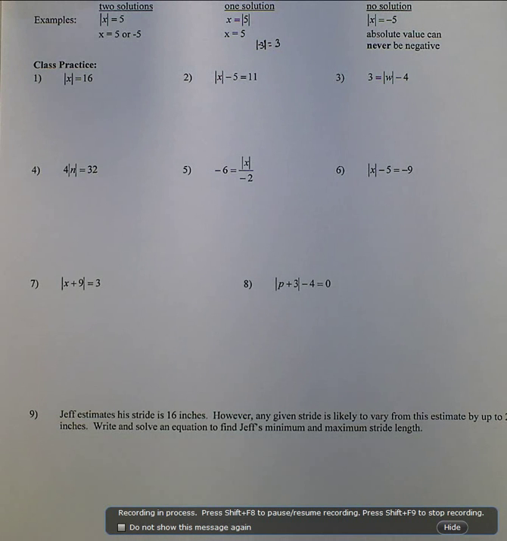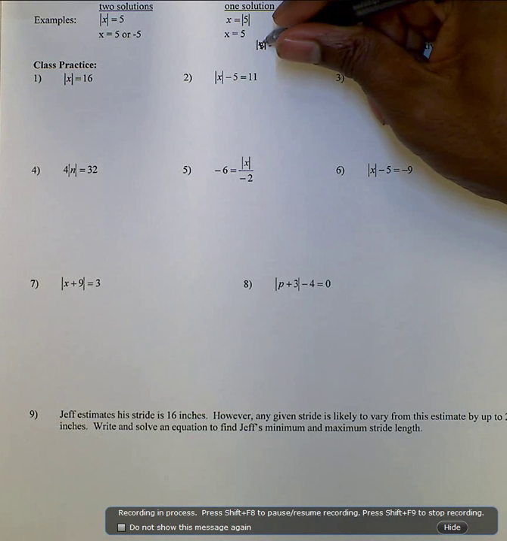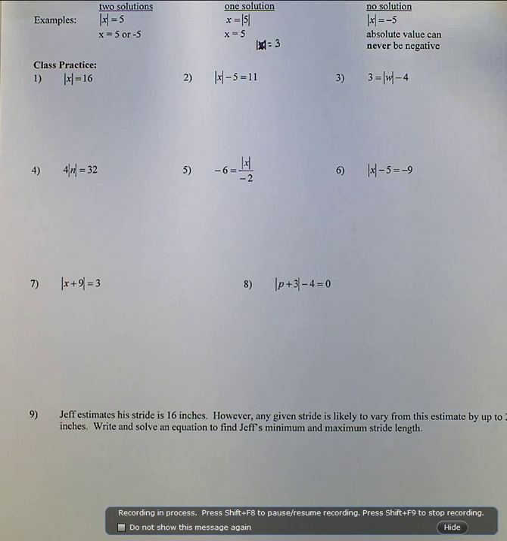Alright, we're going to be solving absolute value equations, and they add a little bit to the problem because we will have more than one solution. So imagine that instead of saying -3 equals 3, I said the absolute value of x equals 3.